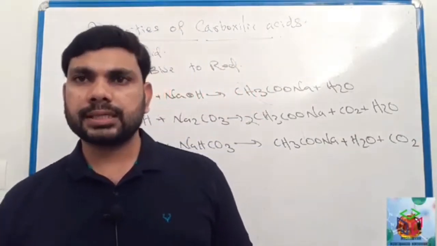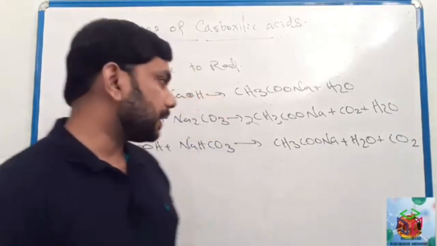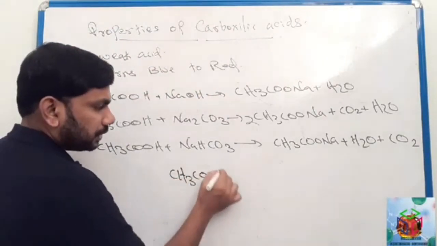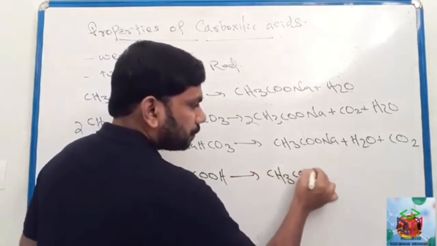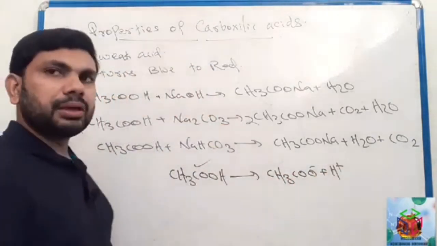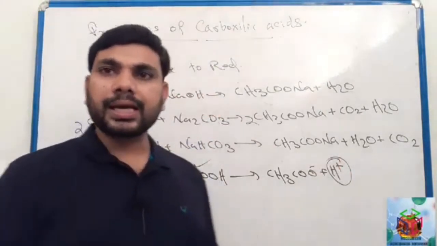Properties of carboxylic acid. Carboxylic acids are weak acids. Carboxylic acid, for example, ethanoic acid, CH3COOH, will dissolve in water and produce H plus ions. Okay, CH3COOH will ionize and produce H plus ions, and it is a weak acid.